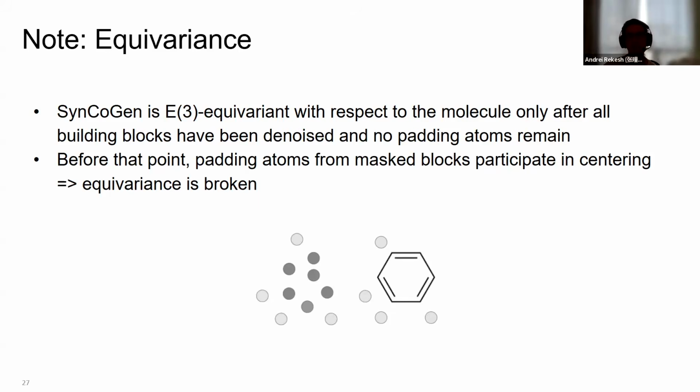Before that, the padding atoms participate in centering and have weight in the model and break that rotational and translational equivariance. But we find that despite this, the model still works quite well, even though we only have this notion of partial equivariance as we continue to denoise building blocks. So we keep the equivariant architecture and we use it for most of our experiments.